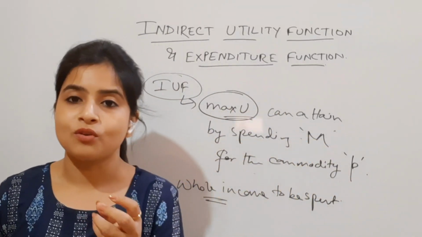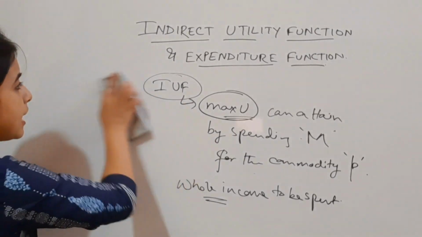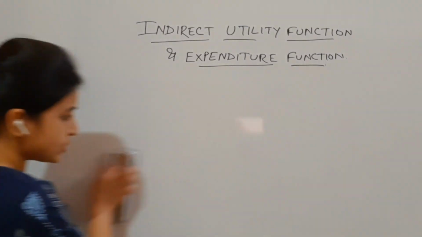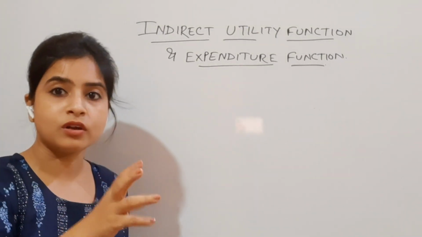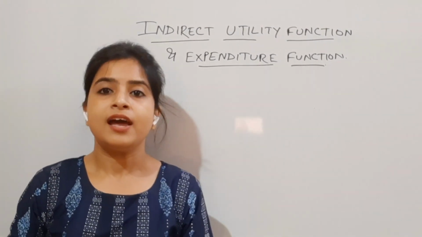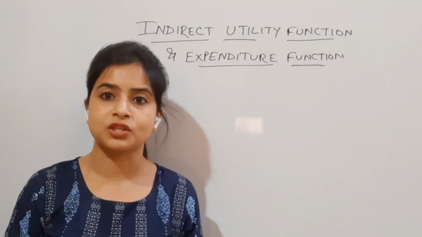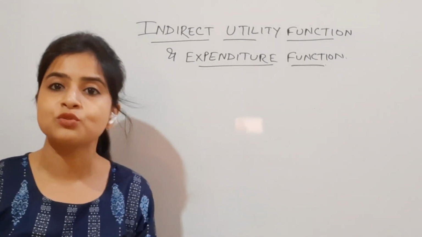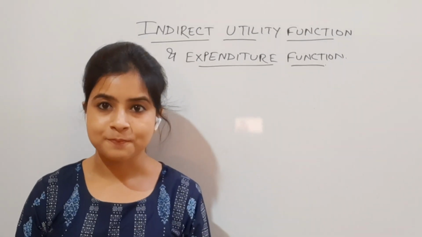It is also known as the duality of the indirect utility function, and we might have found some questions like that: prove that the expenditure function is the duality of the indirect utility function, or the reverse, or how can you derive the indirect utility function from the expenditure function. These questions we have all faced, or we are going to face in the upcoming exams if any of you are preparing for that.